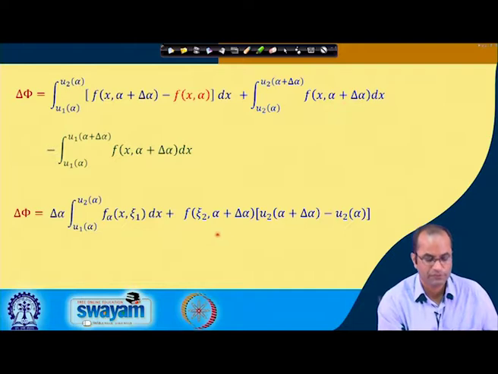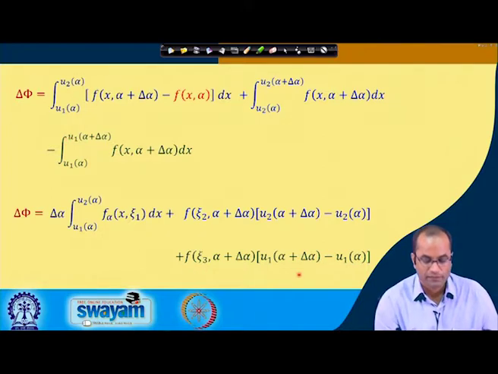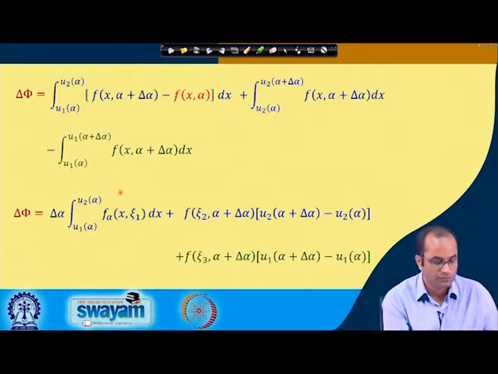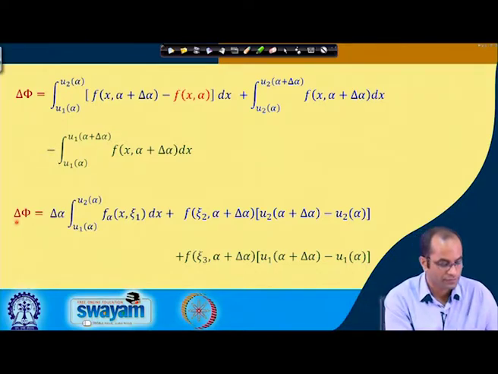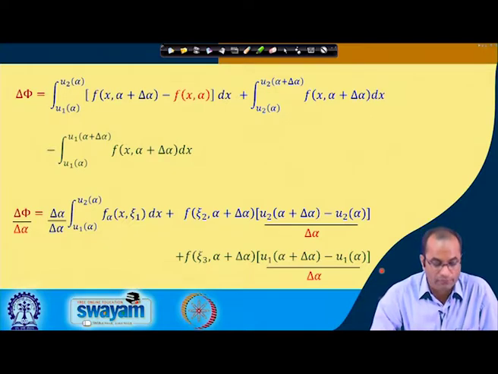From the second and third terms we have applied the mean value theorem from integral calculus. So, now we have new terms here, and we will divide each of these terms by delta alpha.